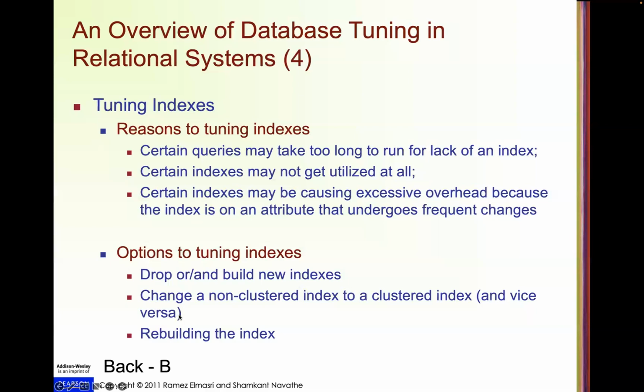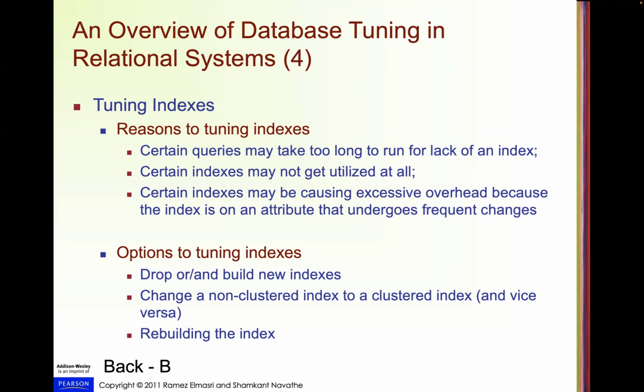Okay, now the other one is to change a non-clustered index to a clustered index, or vice versa. We have learned about different types of indexes: a clustered index, non-clustered index, a primary index, or a secondary index. Now, if you have an index which is non-clustered, like primary or a secondary index, you might consider changing it to clustered, or make the vice versa change.